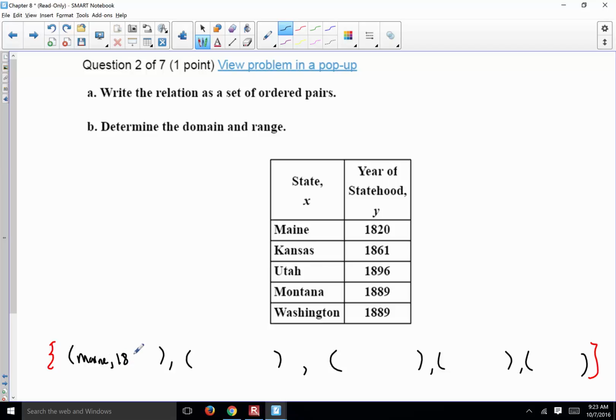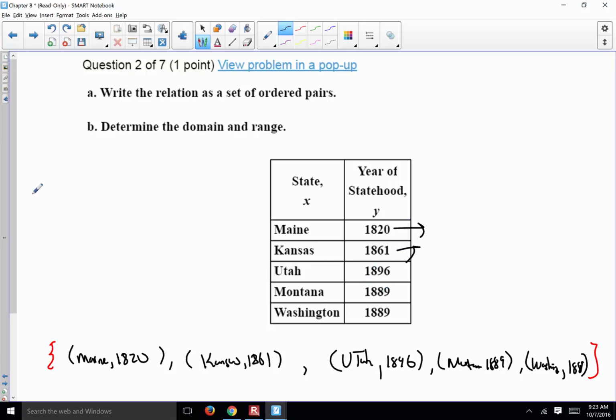Maine 1820, Kansas 1861, Utah 1896, Montana 1889, Washington 1889. You get it? You just pair up.